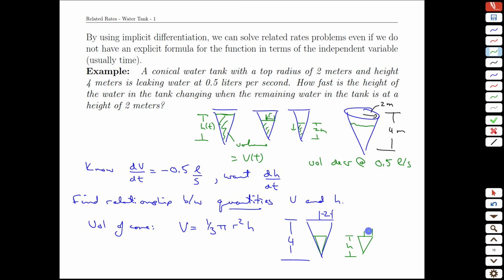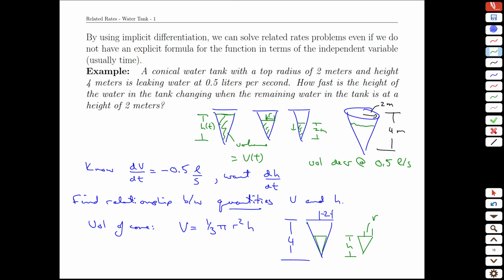Well, we already defined that as our interesting variable, and we also have r for that cone. Well, the nice thing about these two triangles is that they're similar, because the triangle of the water fits inside the triangle that defines the tank. And so the cones represent the same things, then what we can do is build a ratio.